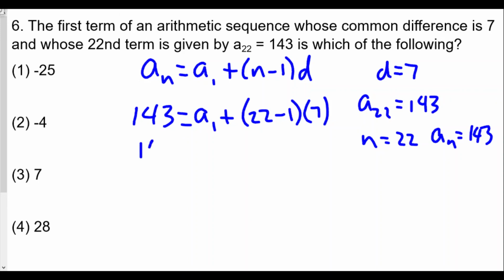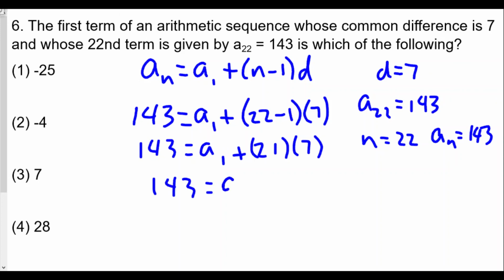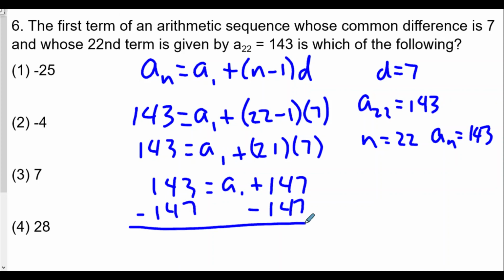So now we have 143 is equal to a1 plus 21 times 7. And 21 times 7 is going to be 147. So 143 equals a1 plus 147. Subtract 147 from both sides. We will get the first term, a1, is equal to -4. And that's going to be, in this case, choice 2.